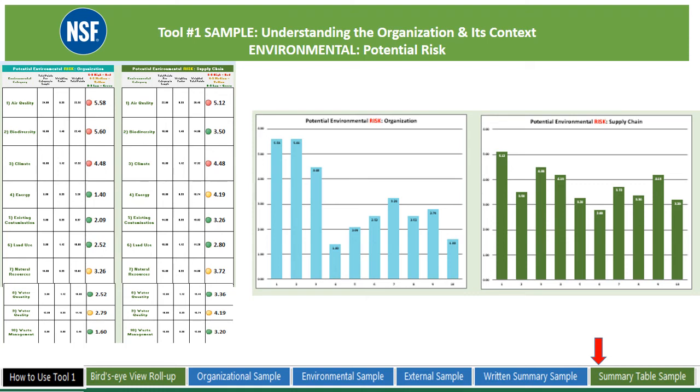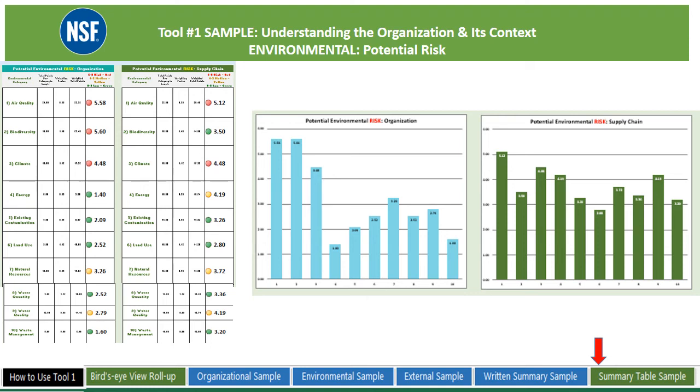Using the same environmental example from Orca Outdoor Pursuits, we can also see how potential risk is compared using the same process in the response tabulation. In this example, the 10 categories for both organization and supply chain responses are summed to indicate potential risk or opportunities, which in turn create the bar charts. Again, the bar charts are color-coded.